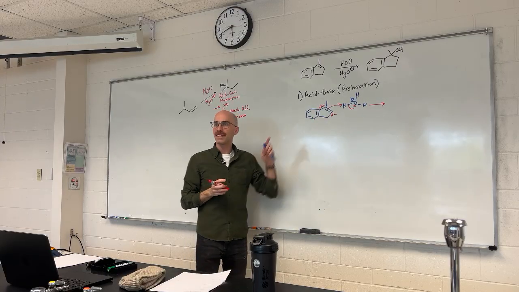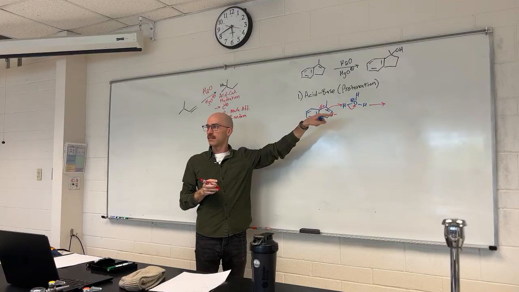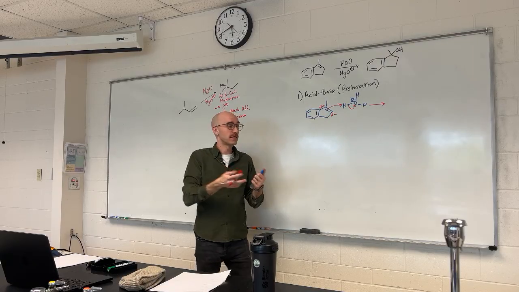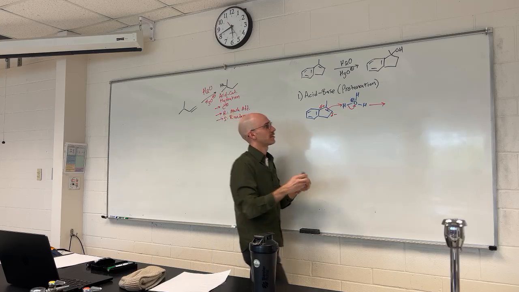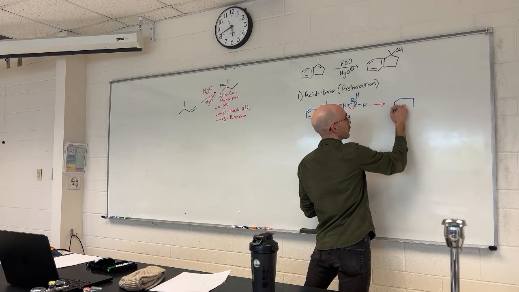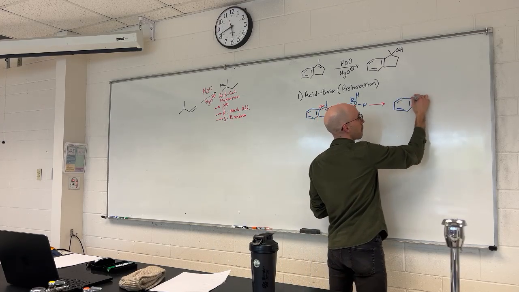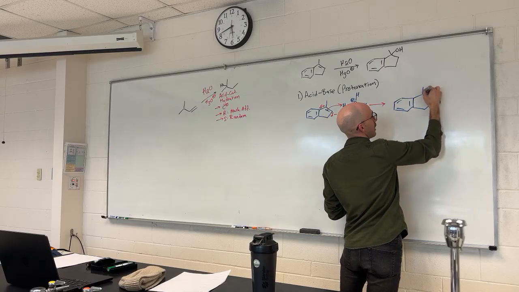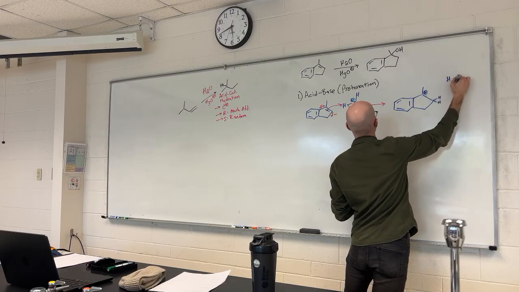So which carbon is attacking? The partial negative carbon attacks. That's because it's partial negative. It gets to attack. That means we're following Markovnikov's rule. That means that the hydrogen adds to the carbon with more hydrogen.